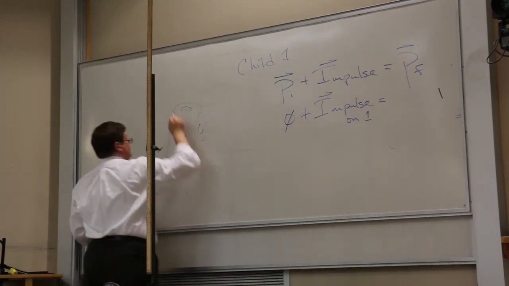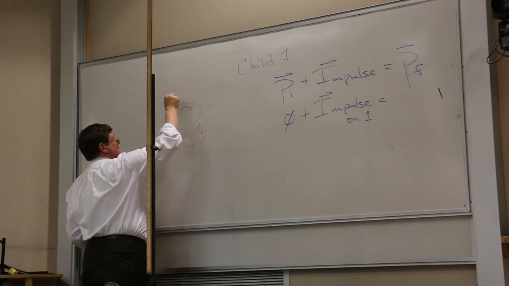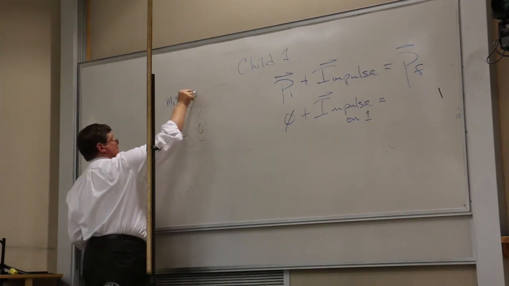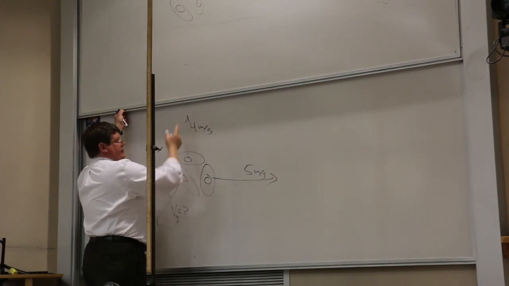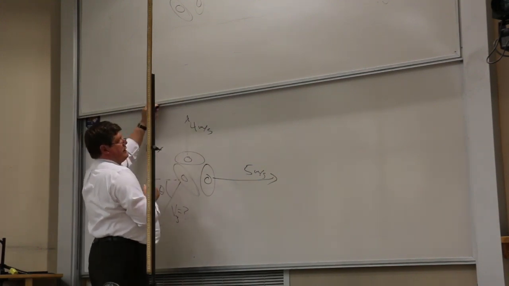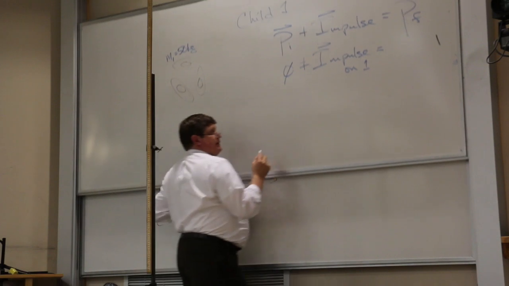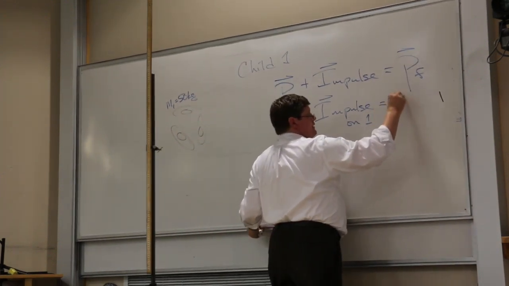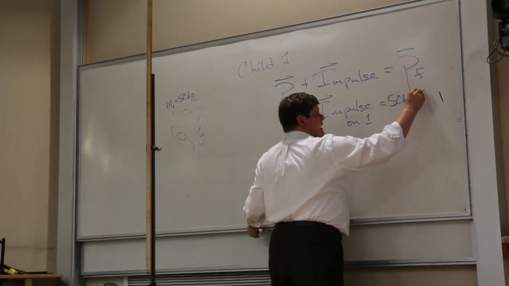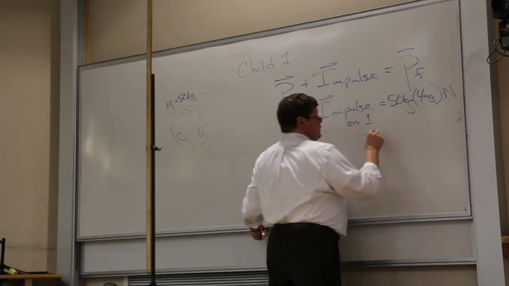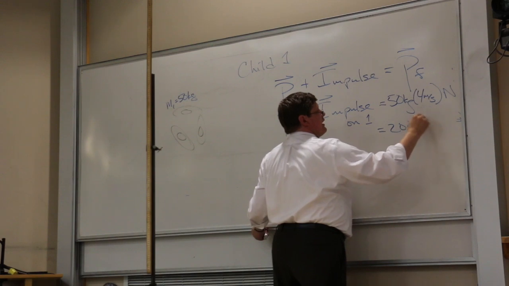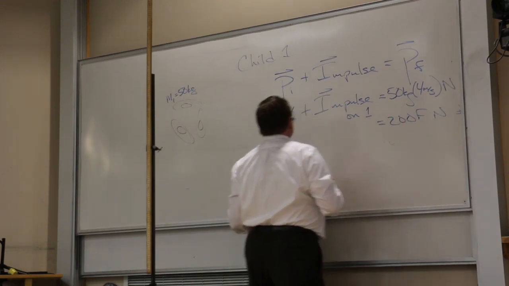Now, we're told that the mass of child 1 is 50 kilograms. And after she pushes the other 2, she's headed at 4 meters per second north. So this is going to be 50 kilograms times 4 meters per second north, or 200 franci north.